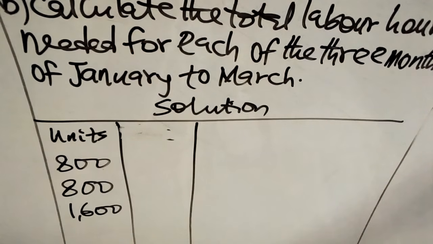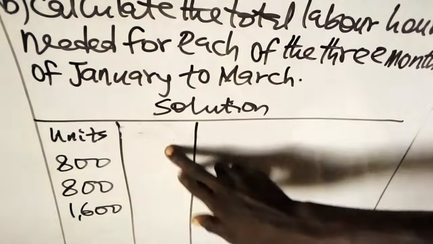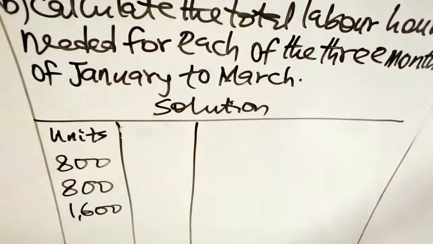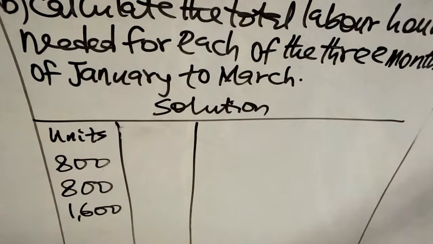Then, if you look at the examples I've solved so far on the use of the tabular approach, I calculated the percentage decrease in the cumulative average time.